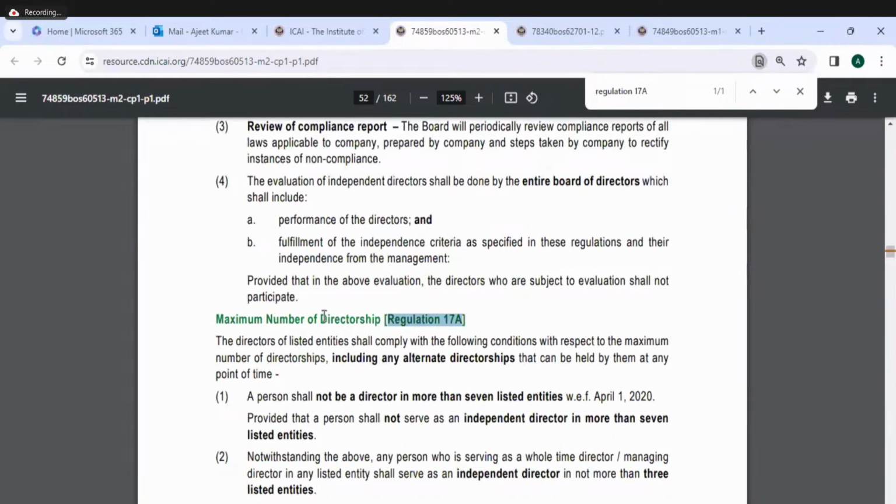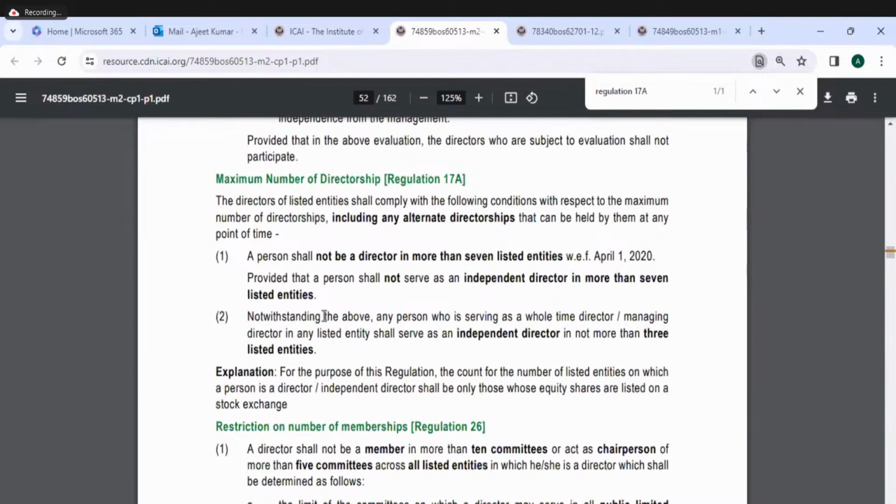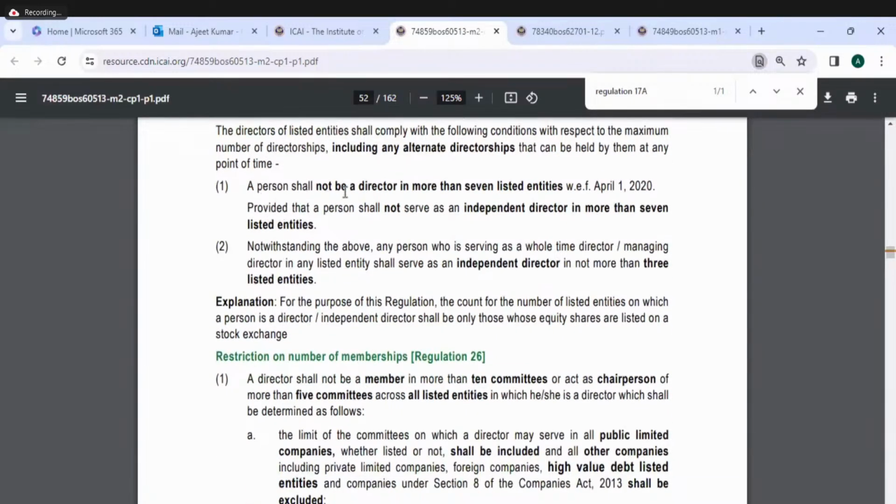It's just for the purpose of reference. 17A. Maximum number of directorships. The directors of listed entities shall comply with the following conditions with respect to the maximum number of directorships, including any alternate directorships that can be held by them at any point of time. So a person, 7 listed, will this suffice my purpose?